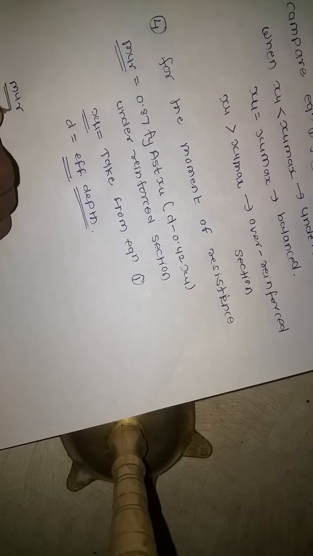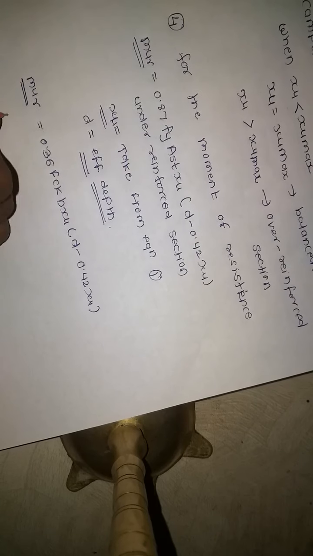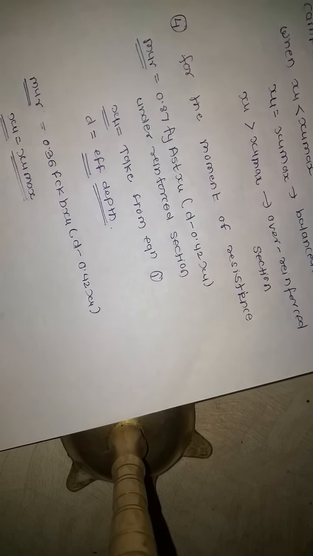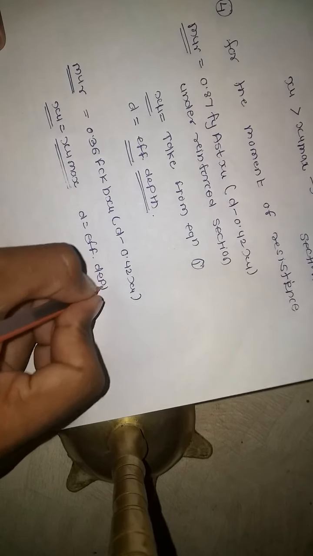For the balanced section, or when XU is greater than XU max, MUR is equal to 0.36 FCK B XU into D minus 0.42 XU. And the value of XU is equal to XU max. And D is the effective depth.